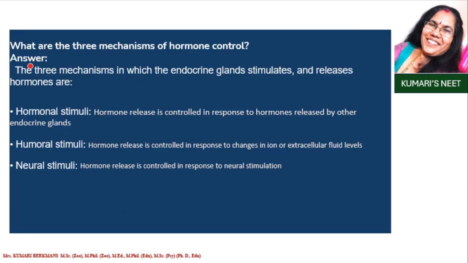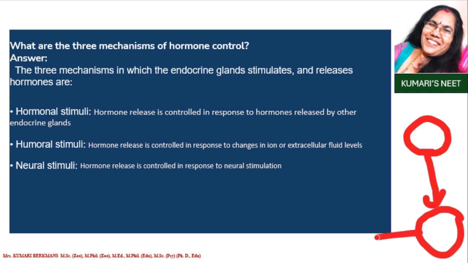Next question: what are the three mechanisms of hormone control? The three mechanisms by which the endocrine gland is stimulated to release the hormone begin with hormonal stimuli. That is, we have seen the hypothalamus secretes the hormone that will activate the pituitary gland. The pituitary gland secretes different types of hormones.